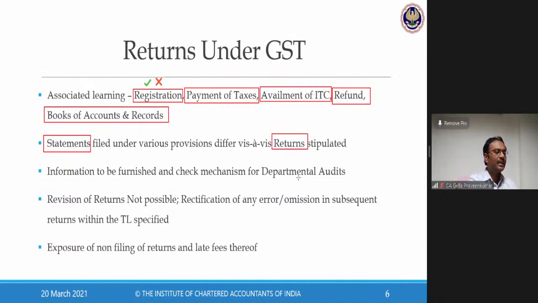Section 37 says furnishing of details of outward supply. Section 38 says furnishing of details of inward supply. Section 39 says furnishing of returns. Now, understand, this term return was not used for all the filings we do.